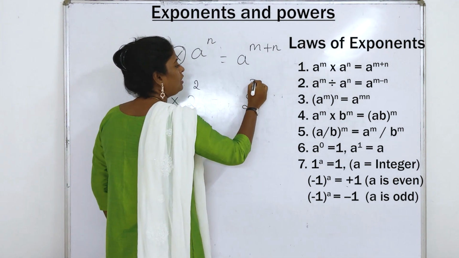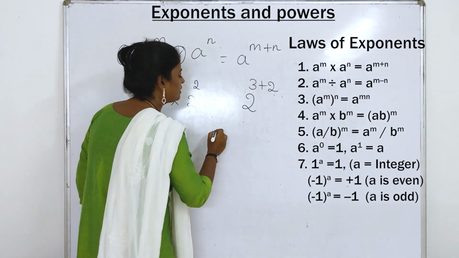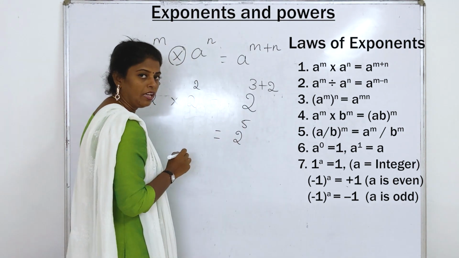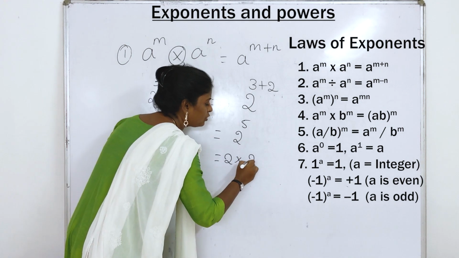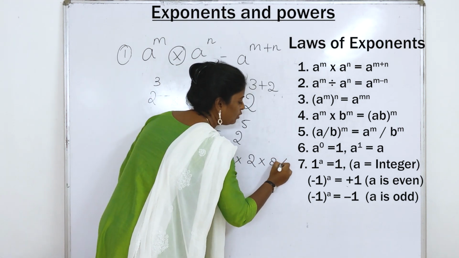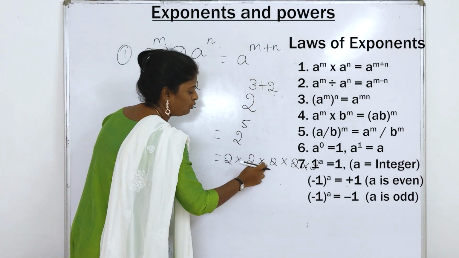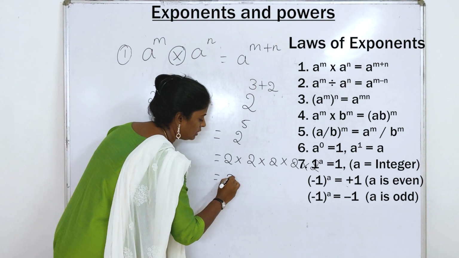This is equal to 2 to the power 5. And this value is 2 into 2 into 2 into 2 into 2, 5 times: 1, 2, 3, 4, 5. So this is equal to 32.